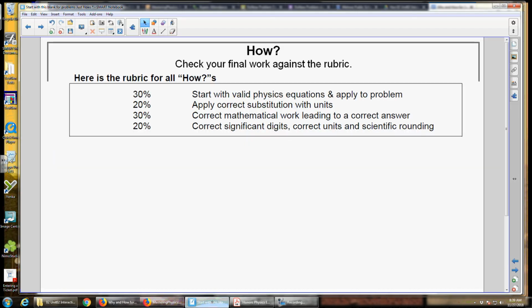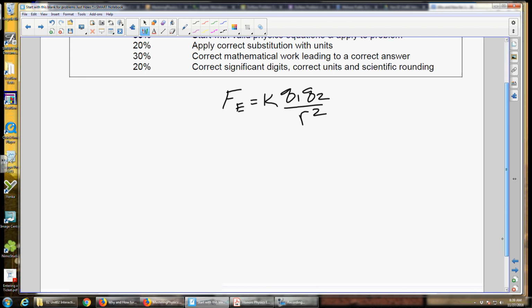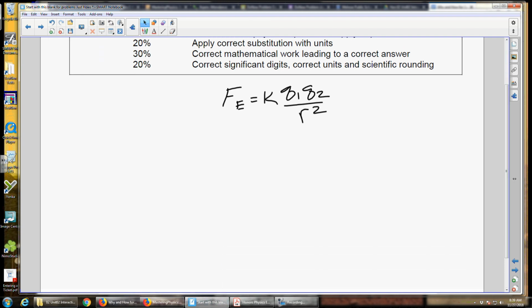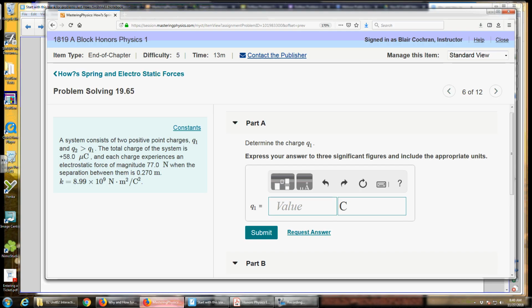So I'm going to start from my equation sheet again with our equation for electrostatic force, right? That's how these particles are interacting. Then I know it tells me that Q1 plus Q2 is 58.0 microcoulombs.